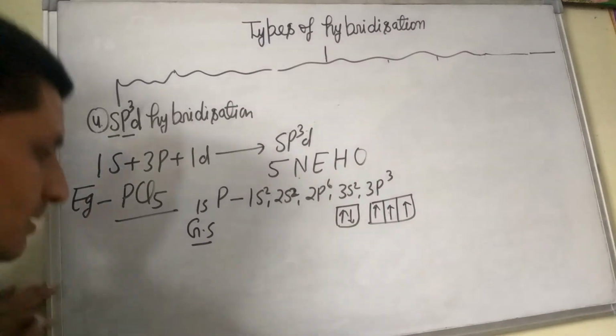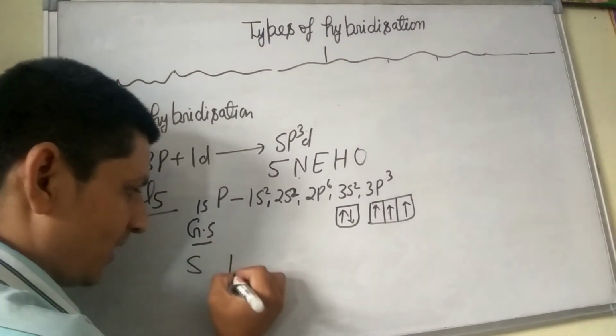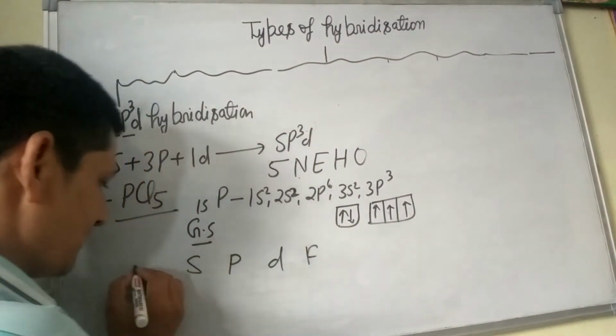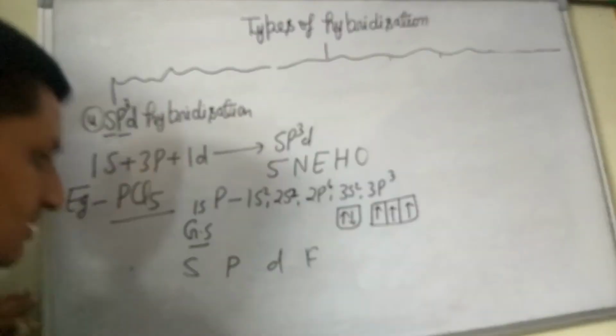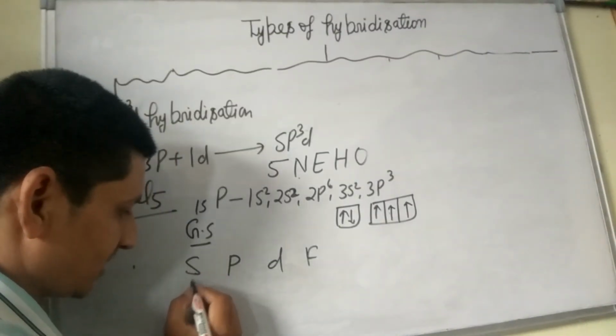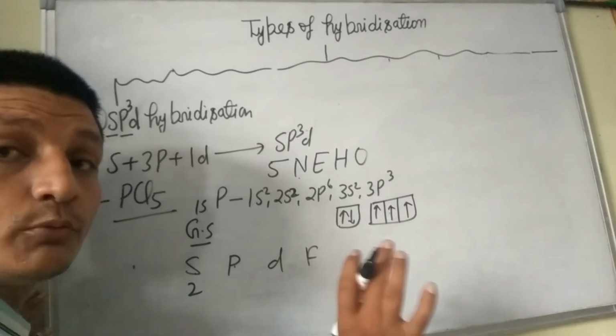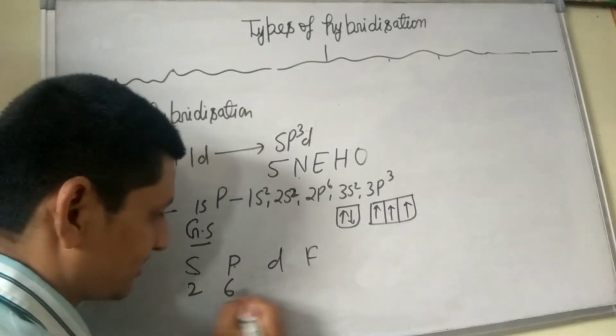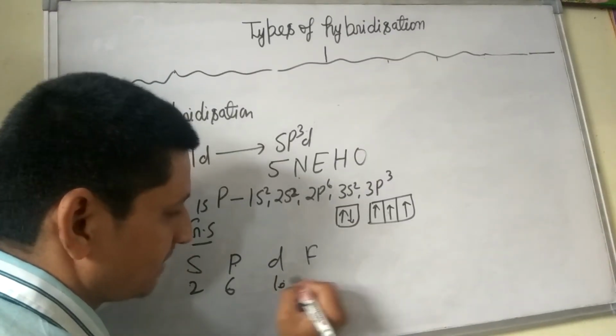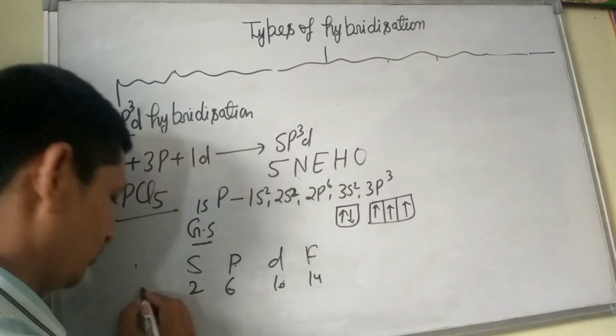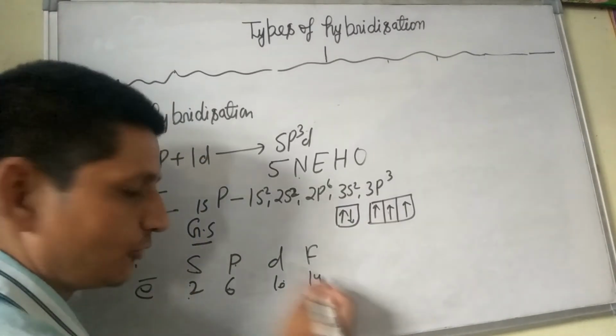Important point: s orbital contains 2 electrons, add 4 gives 6, add 4 gives 10, add 4 gives 14. So the electrons are 2, 6, 10, 14.